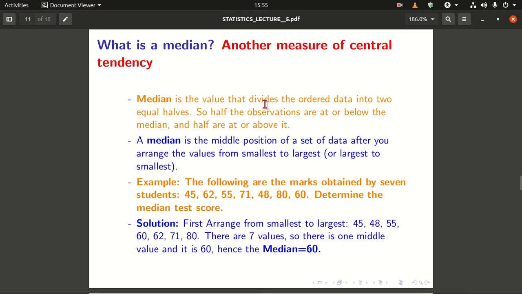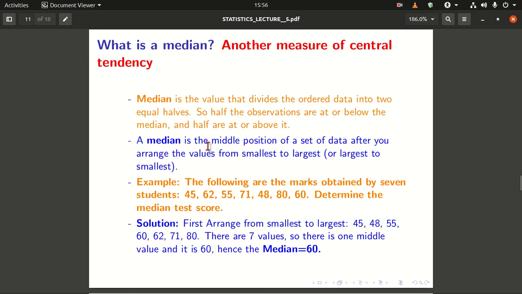It is the value that divides the ordered data into two equal halves. So the median is going to divide this data into two equal parts. In other words, the number of observations on the left must be the same as the number of observations on the right. That is what the median is doing. It's cutting the data into half. I hope that makes sense.